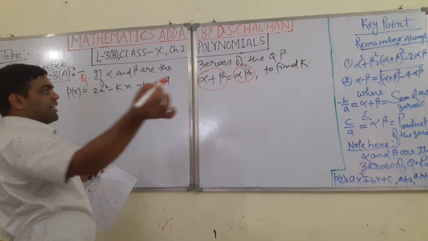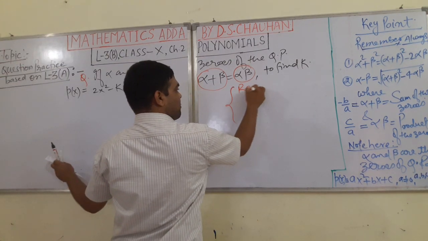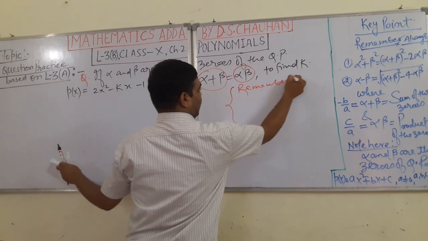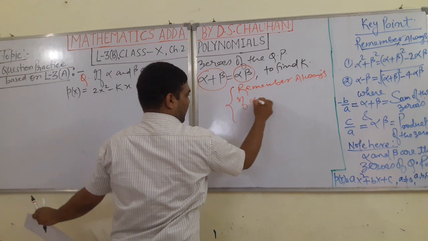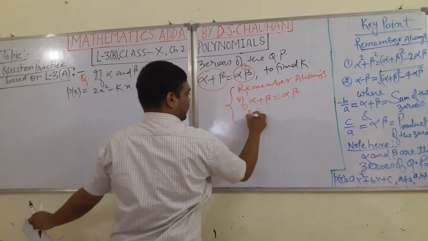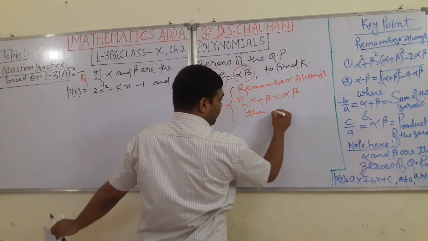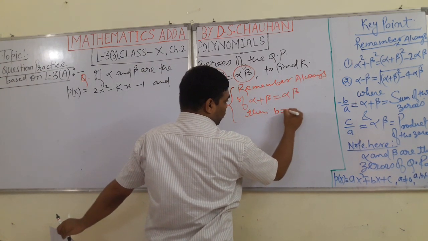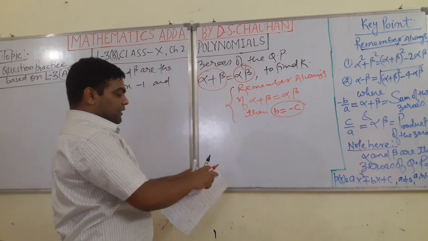Students, one shortcut key I want to tell you. Remember always: if alpha plus beta equal to alpha beta, then b equal to minus c. Remember always, b equal to minus c.